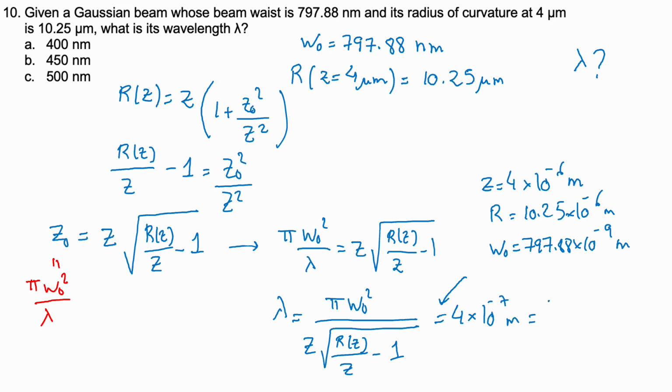So that is like 4 times 10 to the minus 7 meters, so that is 400 nanometers. So the correct answer is going to be B.